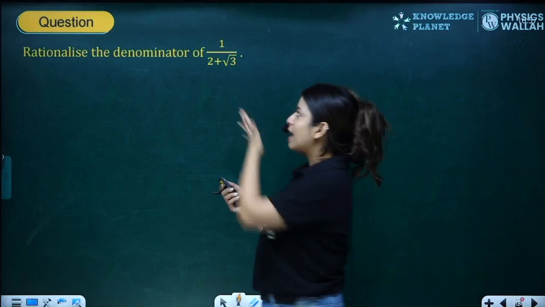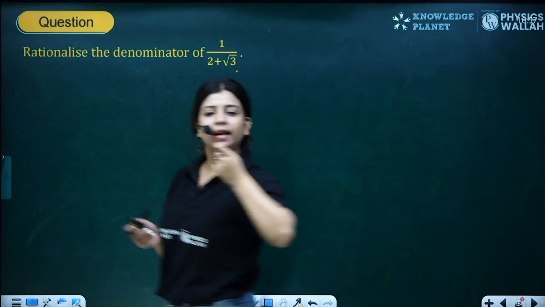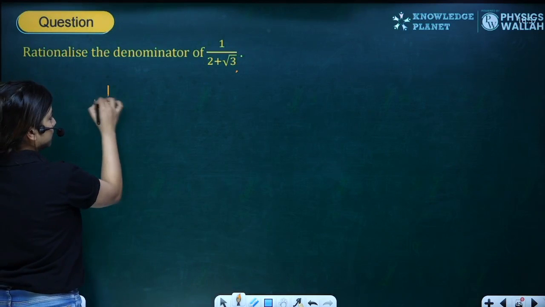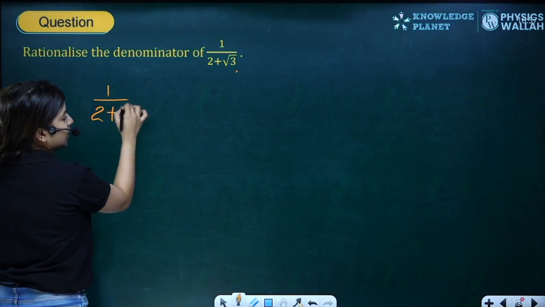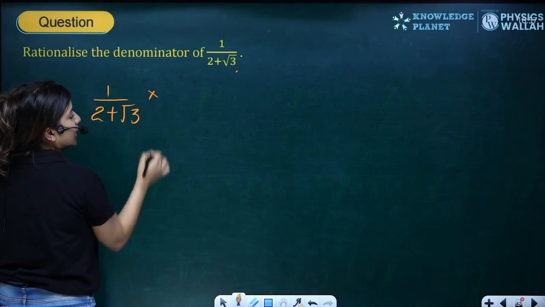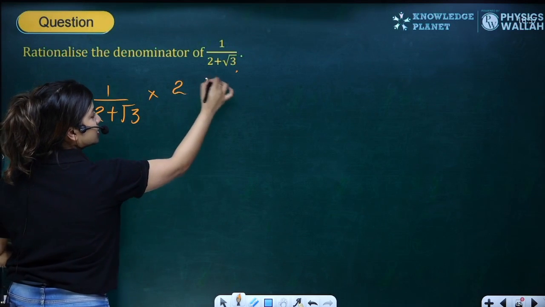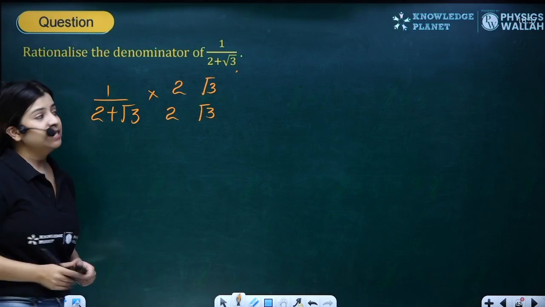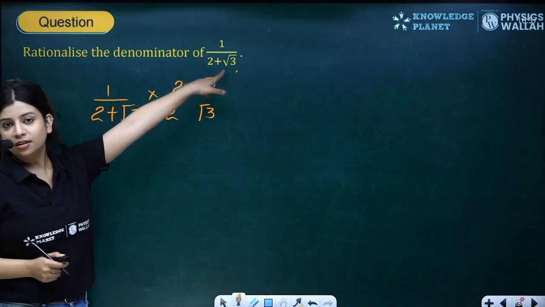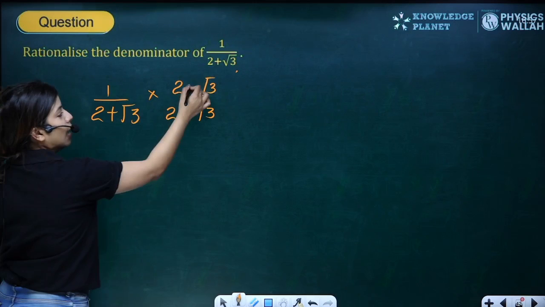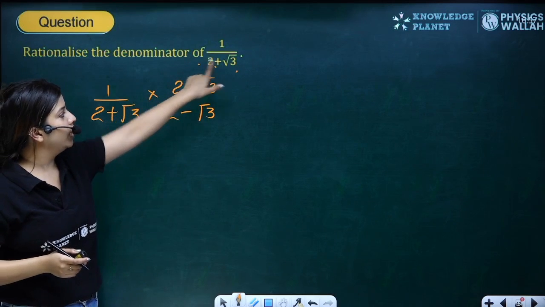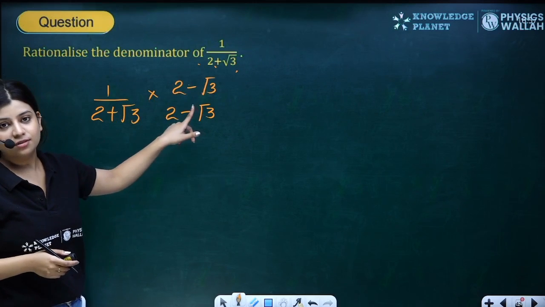But in case you have two numbers, right, with an operation in between, over here we have addition. How to solve this one? Right? So you have to multiply both the numerator and denominator with the same digits, but just make sure if there is addition in between, over here you have to take the subtraction. And if you have a subtraction in between, we would have taken the addition sign. Right?